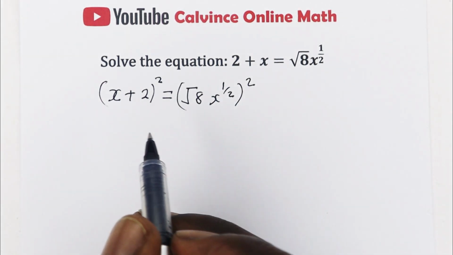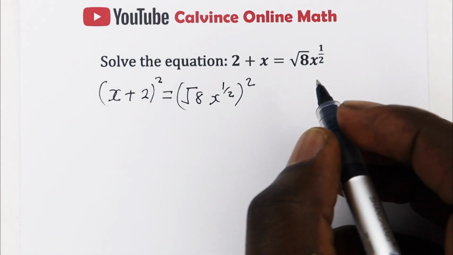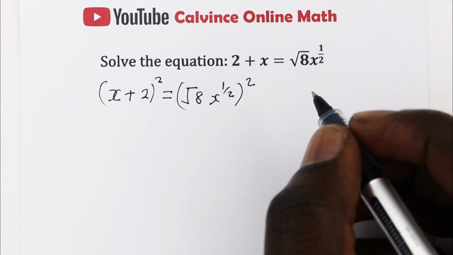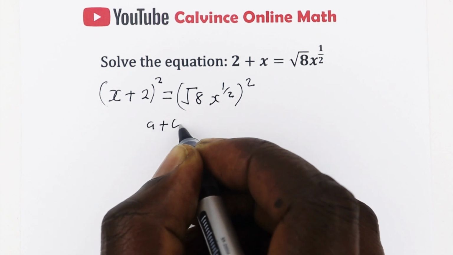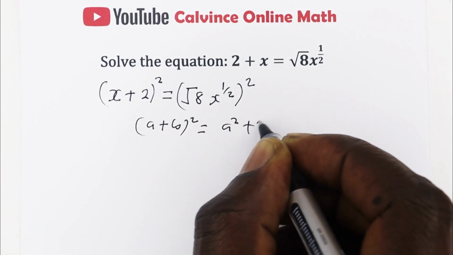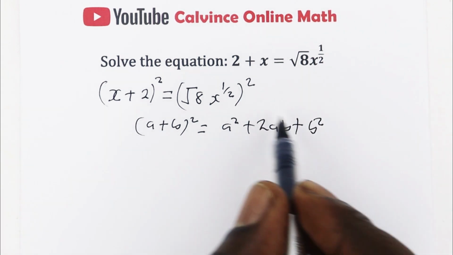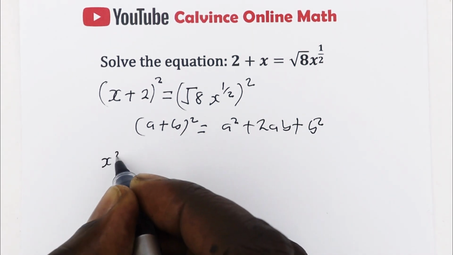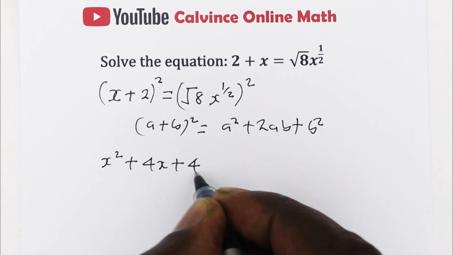For this other side, we can use the quadratic identities, where we have a plus b squared being equal to a squared plus 2ab plus b squared. If we apply this for the left hand side, we're going to have x squared plus 4x plus 4.